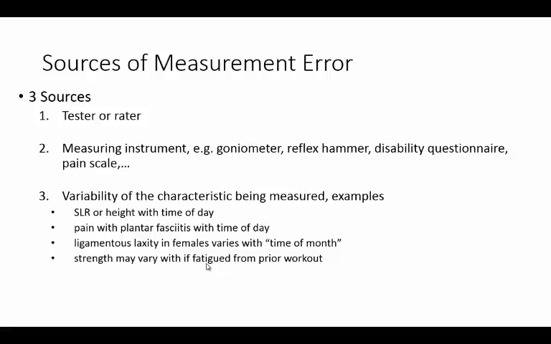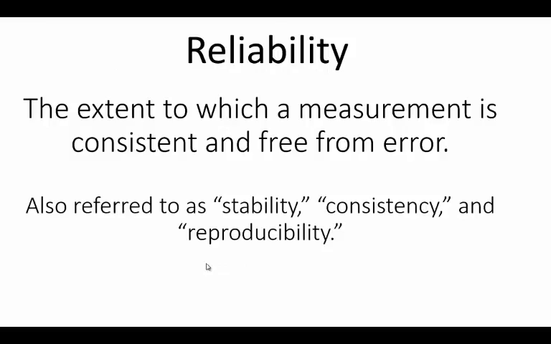In this case, all of these variables are creating variability and creating different answers because they change according to the circumstances. So the sources of error could be the tester, the instrument, or the variable itself.